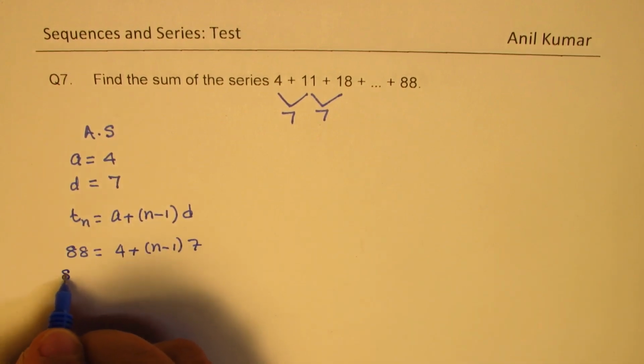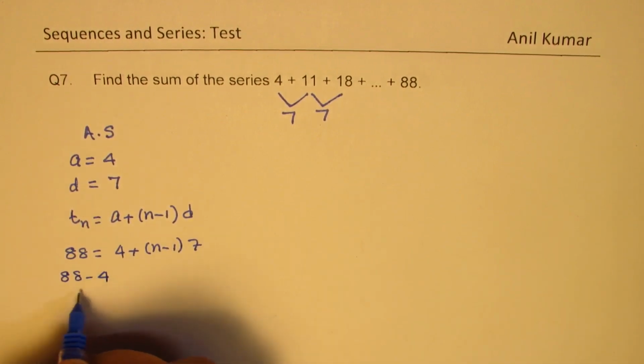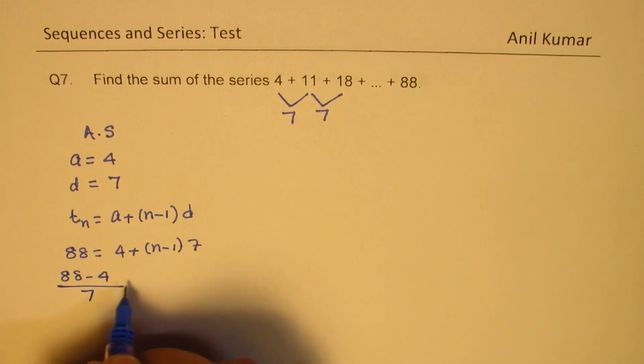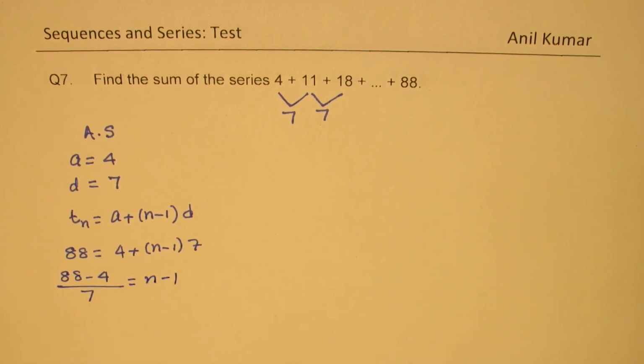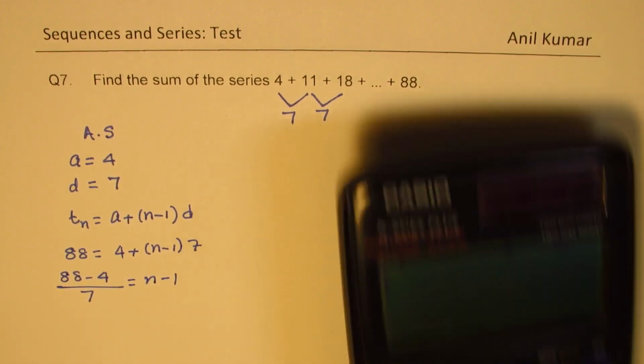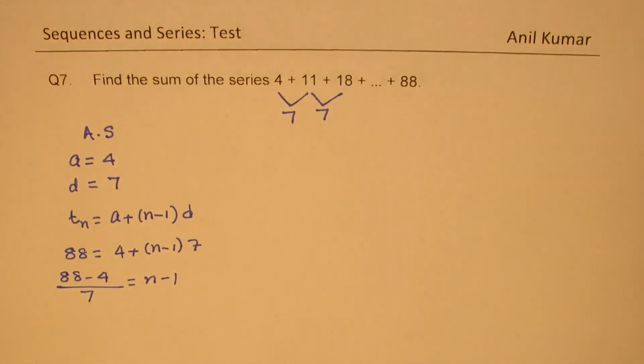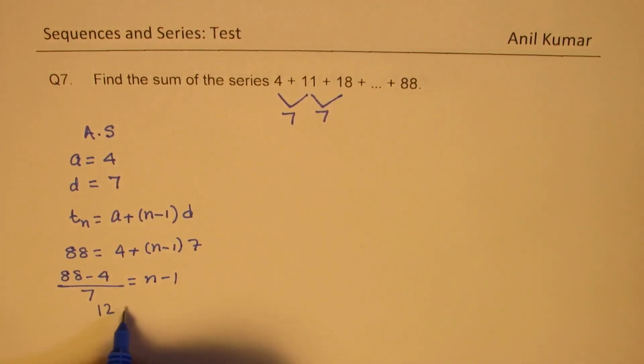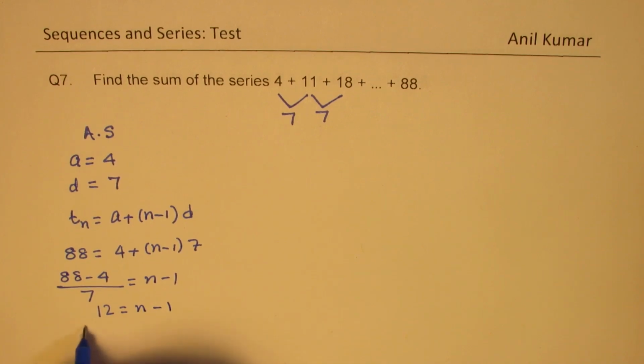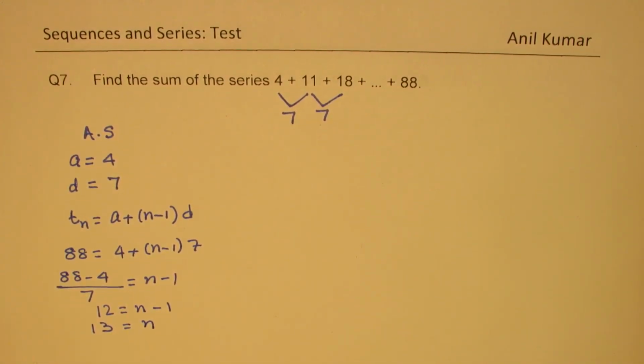So we can write this as 88 minus 4 divided by 7 is equal to n minus 1. So 88 minus 4 is 84, and when we divide this by 7, we get 12. So we have 12 equals n minus 1, or 13 is the value of n.